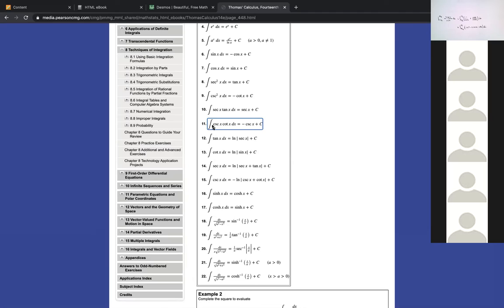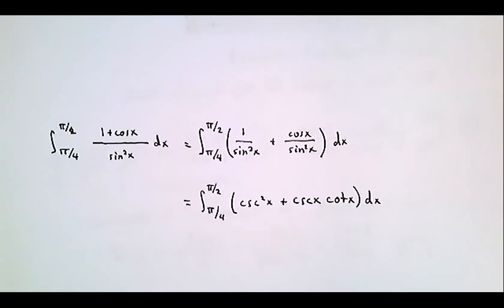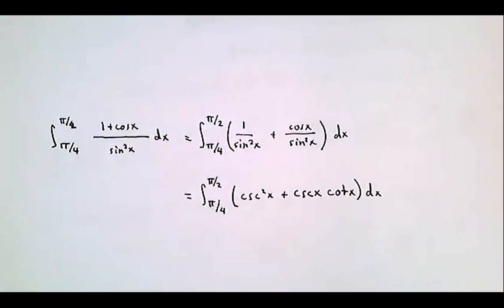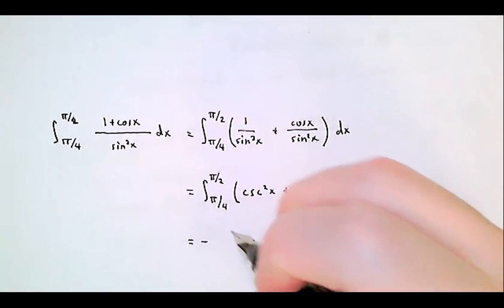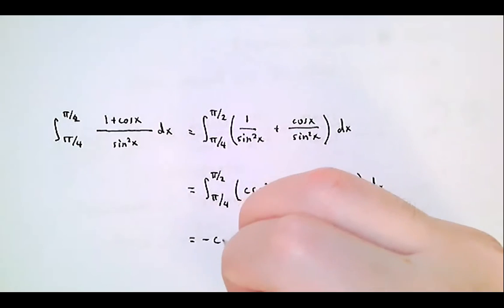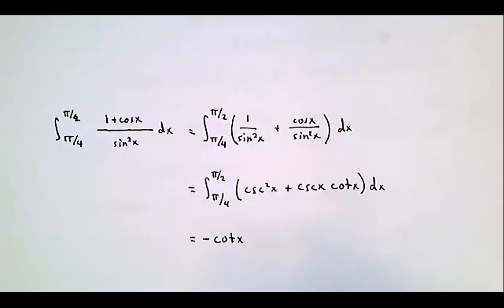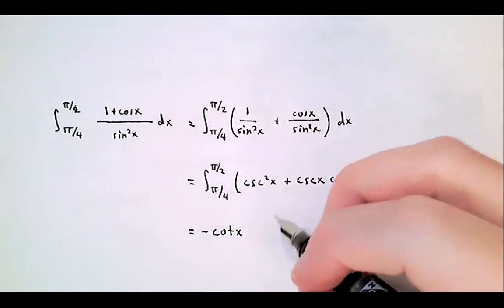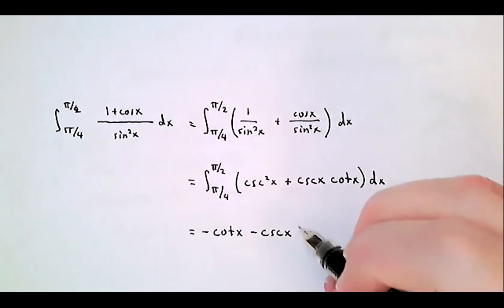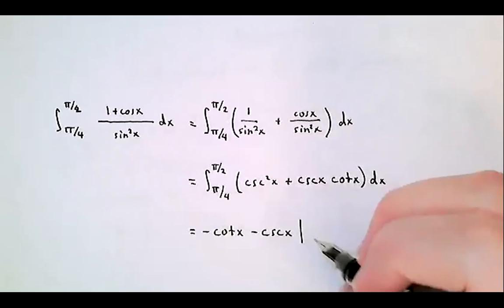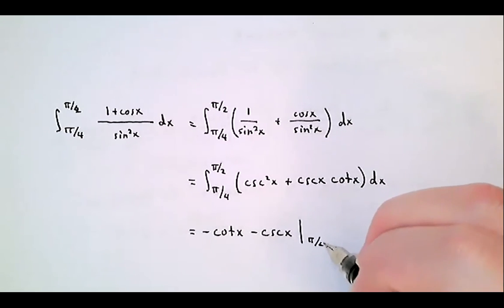So after all that hard work of trying to simplify and rearrange, we finally come to an answer, something that we can actually integrate. So we get a minus cotangent, and then we get a minus cosecant. And then our limits of integration still need to be plugged in.